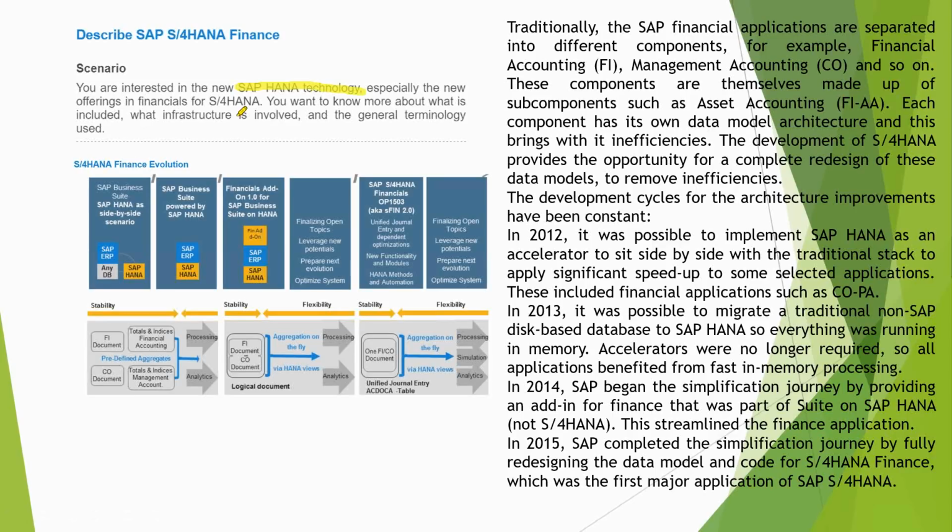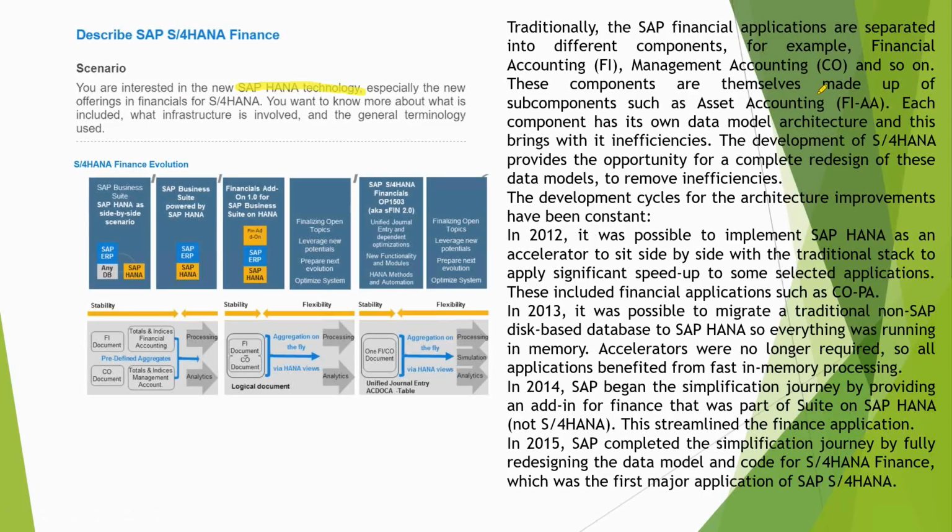So S4 HANA now contains multiple solutions, not only financial accounting, it also has a solution for your simple logistics. It also has multiple advantages of your SRM, CRMs, multiple integrations with your Ariba systems, some third-party systems, right? So that is how this new S4 HANA is giving solutions. So that's what you can also see here.